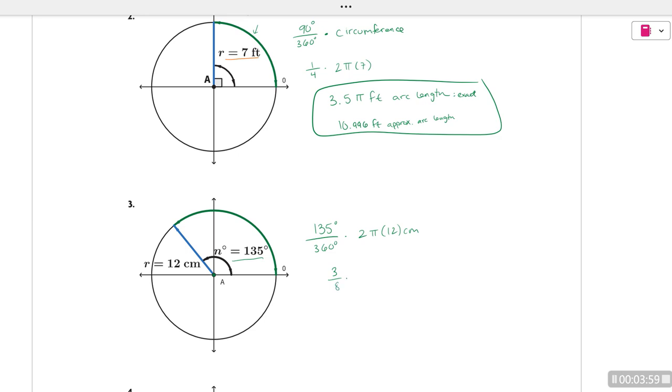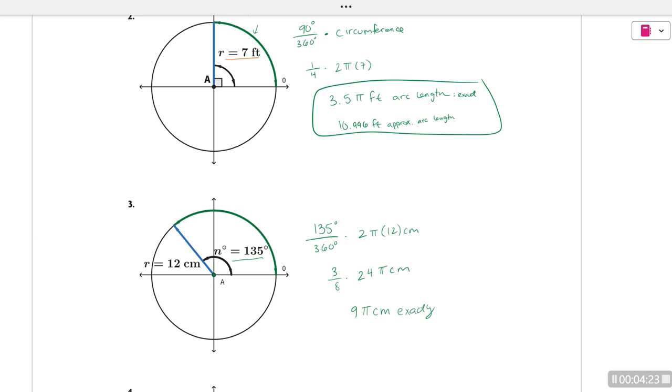Right? So it's 3/8 of the circle times 24 pi. And 24 and 8 divide really nicely, right? 24 divided by 8 is 3. So this leaves us with 9 pi centimeters exactly.